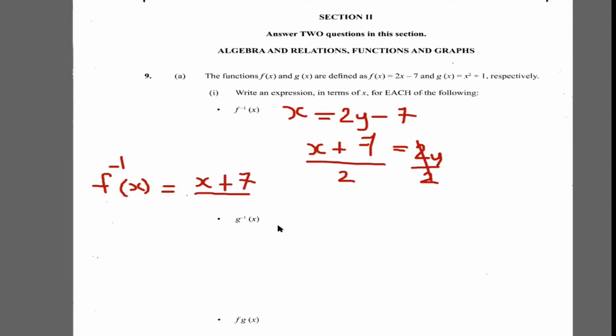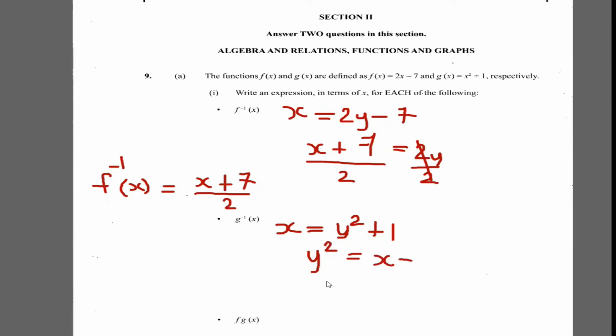Now I want g inverse of x. To find g inverse of x, we have g of x is x squared plus 1. So how are we going to find g inverse? To find g inverse is pretty simple. Again, we're going to interchange x and y to say that x is going to be equal to y squared plus 1. You then subtract 1 from both sides to get that y squared is equal to x minus 1.